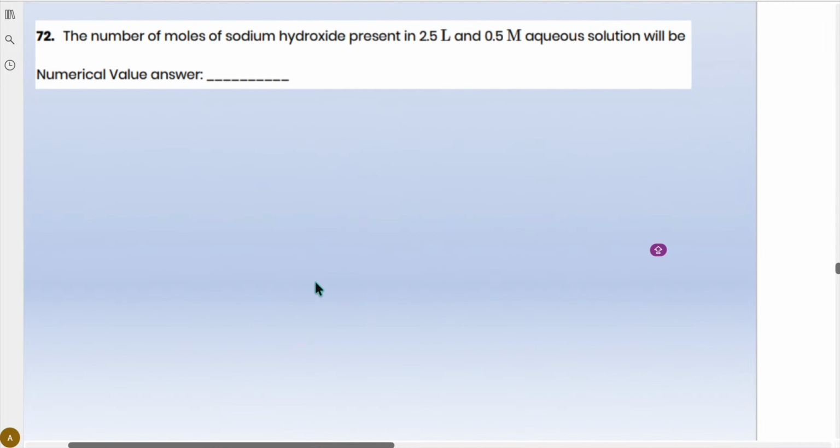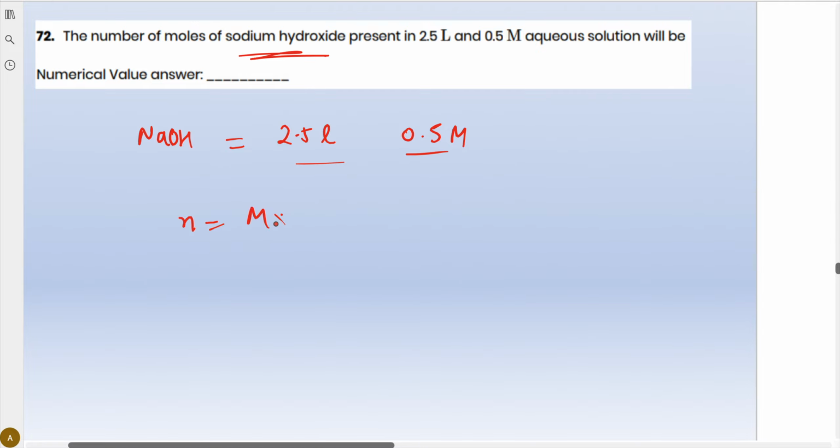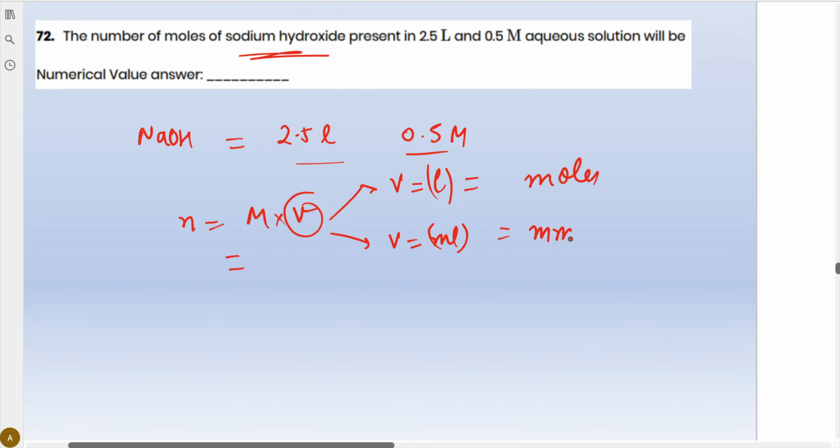Next question, question 72. Moles of sodium hydroxide they have asked you, present in 2.5 liters of 0.5 molar. Simple question. Number of moles is equal to molarity into volume. Remember, if volume is in liters, you will get your moles. If volume is in ml, you will get your millimoles.